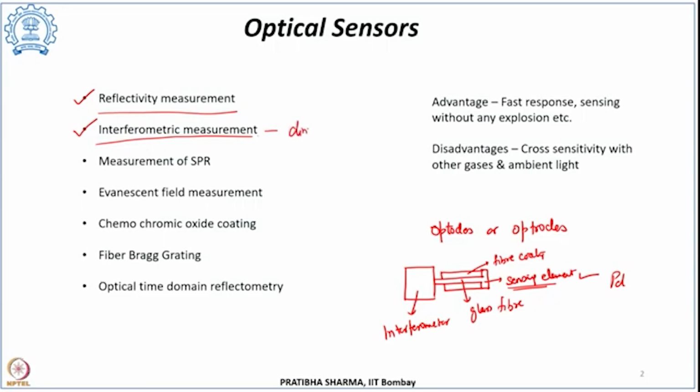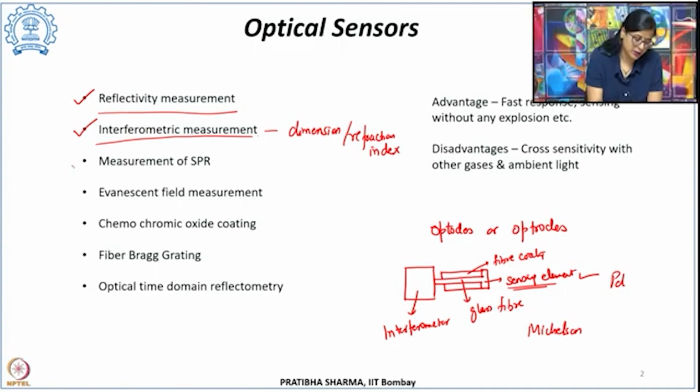That change causes a phase change in the fiber optic beam, and that change is measured using an interferometric technique. Different interferometers can be used, like the Michelson interferometer or the Fabry-Perot interferometer. This change is correlated with the gas concentration.